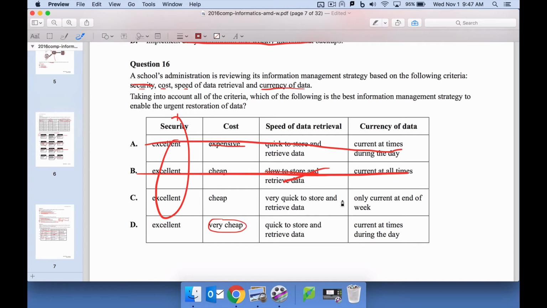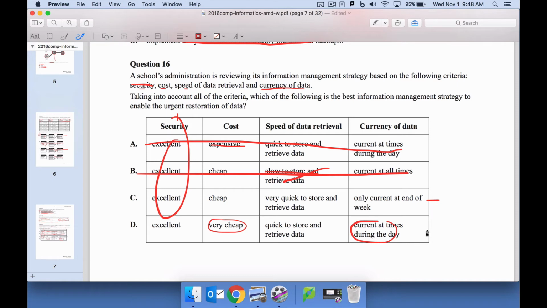Currency of data. Only current at the end of the week or current at times during the day. So it's definitely going to be this one. Because I'm assuming this means, say for example I'm marking the roll on Compass, and if I mark the roll on Compass in this scenario, you wouldn't be able to see if you were present or not for your classes until the end of the week.